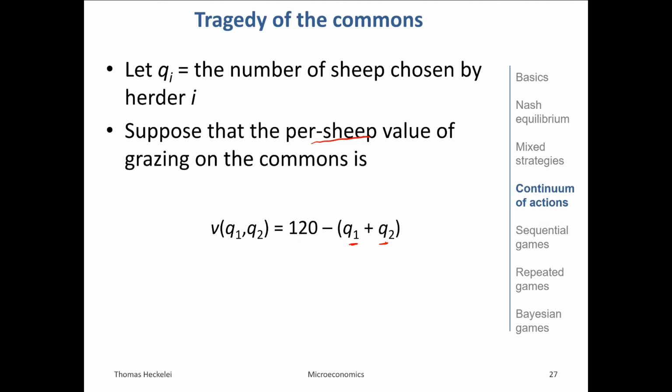So herder 1 will graze Q1 sheep, and the second one will graze Q2 sheep. And for each person, the value depends both on his or her decided quantity and also the quantity that the other decides.